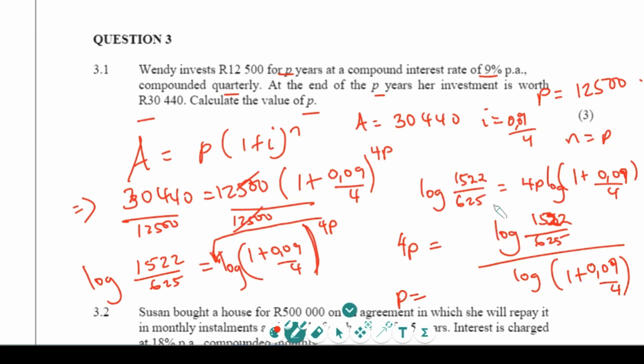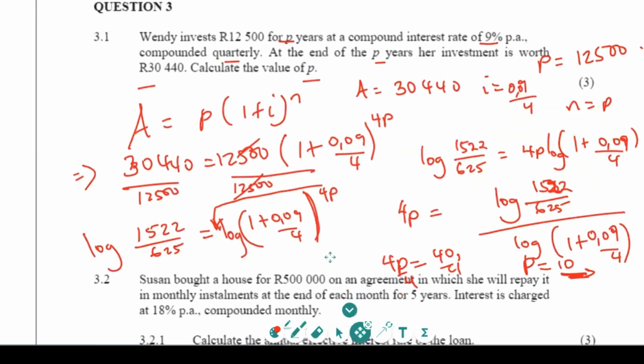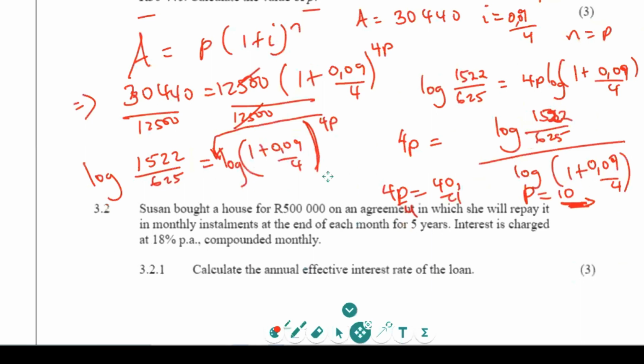That's going to give me 40 point something. So I round that off, then I divide both sides by 4, which means my P is 10. So it takes 10 years. So it takes this lady 10 years, not Wendy. So Wendy is going to use 10 years to have that much on investment.